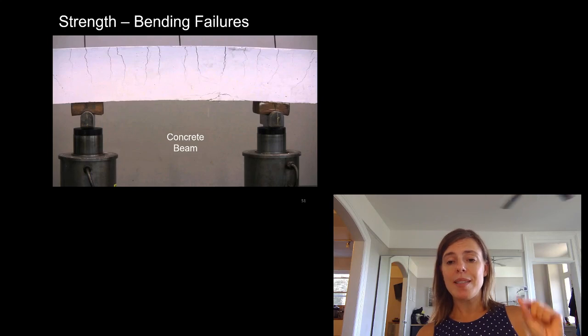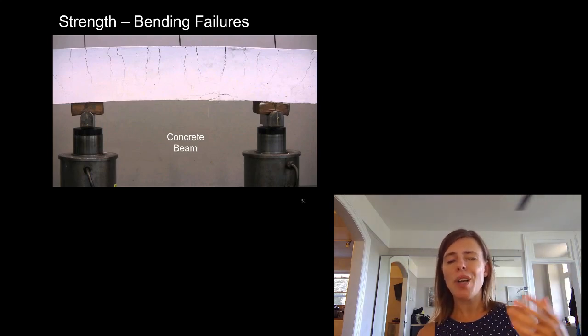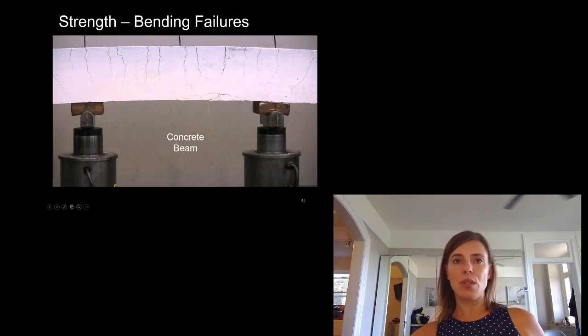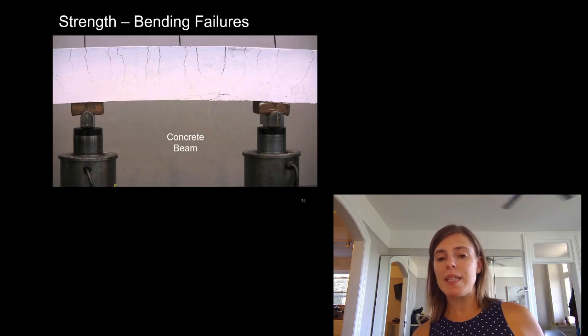That's why we put steel inside our concrete elements. So when we're talking about concrete, we're talking about reinforced concrete. And steel is amazing in tension. And so we put the steel in to take the tension load. So in this, we would have put steel at the top. Remember, this beam is bending upside down from what we typically see.